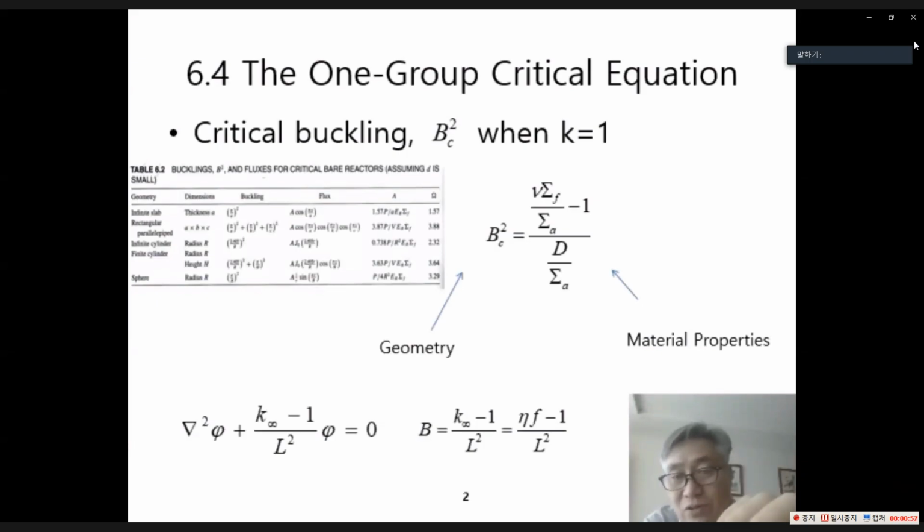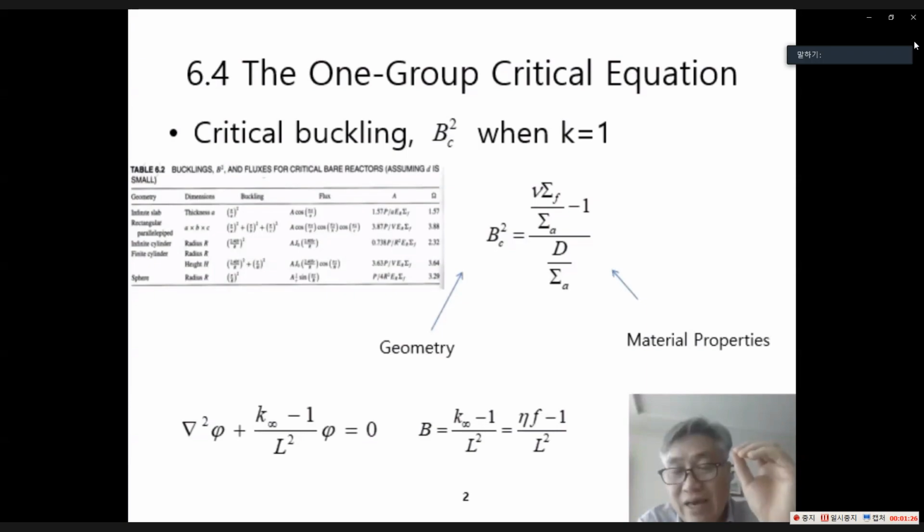Now, let's focus on the right-hand side of this equation. The right-hand side is nu sigma_f, sigma_a, D. So we have four parameters in the right-hand side. Nu is determined by material. So uranium, plutonium, uranium-235, uranium-233, we know the nu.